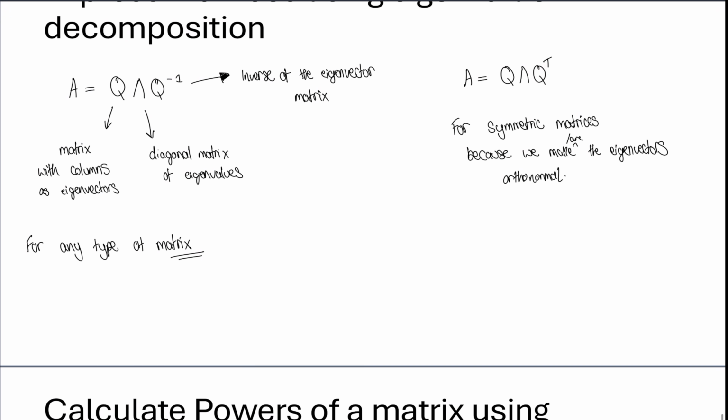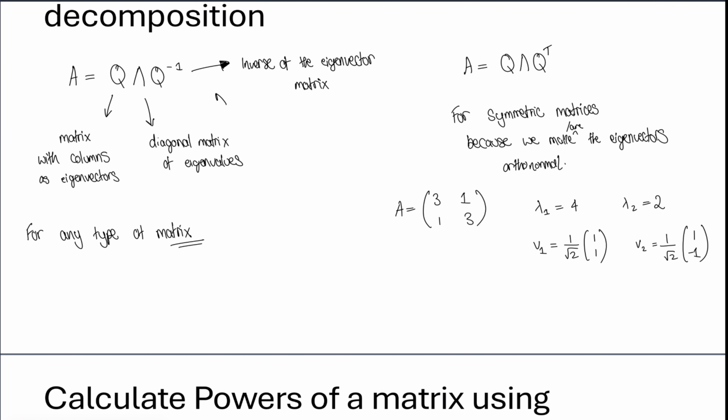So if we had the matrix [3, 1; 1, 3] as before, where its eigenvalues were 4 and 2, and our eigenvectors were 1 over root 2, (1, 1), and 1 over root 2, (1, minus 1).